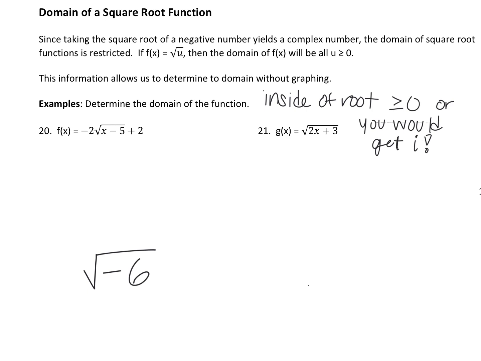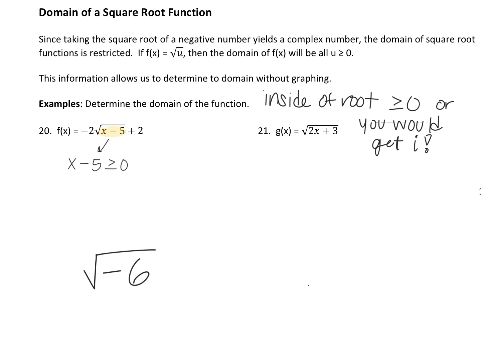So we are only going to do things that are greater than or equal to 0. All you have to do to figure out the domain, meaning what x values would work, is find anything that makes this inside part greater than or equal to 0. So x minus 5 has to be greater than or equal to 0. You literally just write it out, and then you solve.